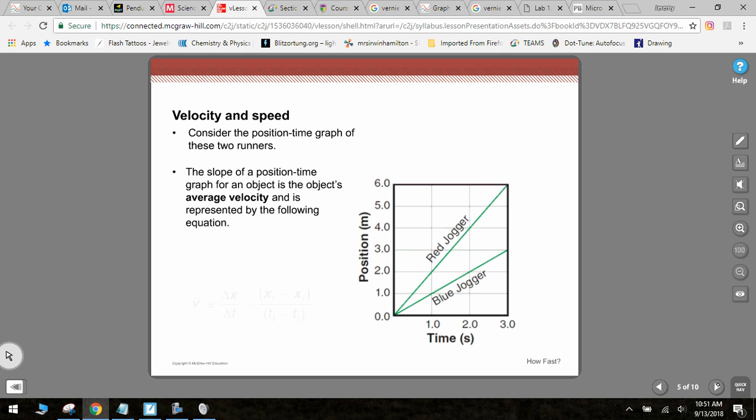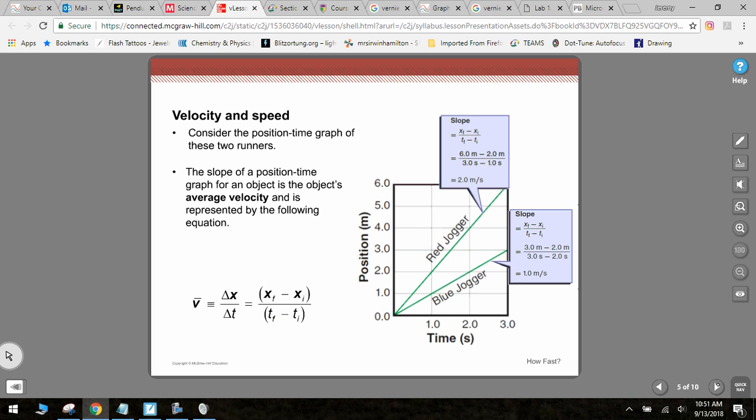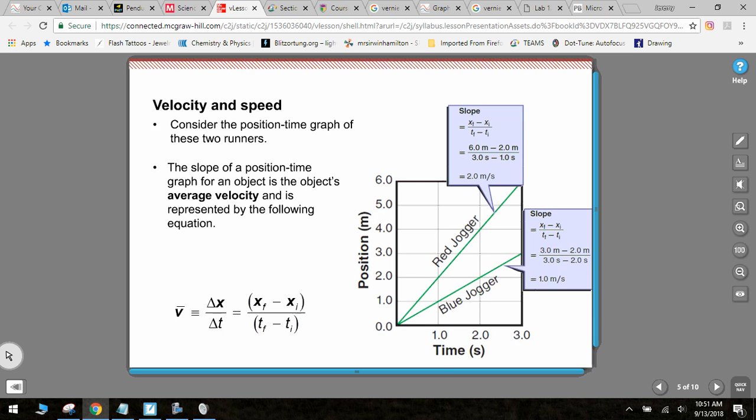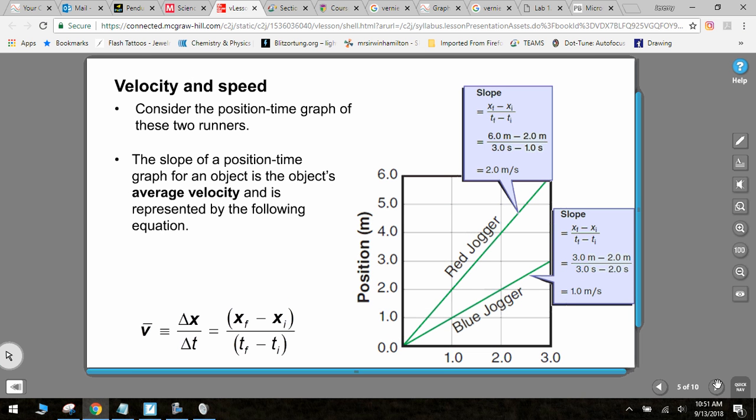Okay, so we're going to consider the position time graph of two runners. So that's what's showing up over here on the screen. Now, the slope of a position time graph for an object is the object's average velocity. That sounds like something that's kind of important. Slope of a position time graph is the object's average velocity.